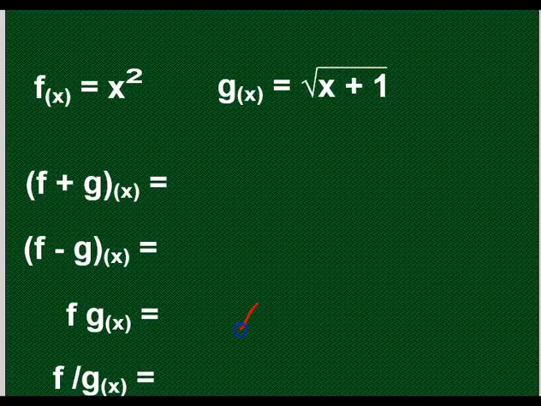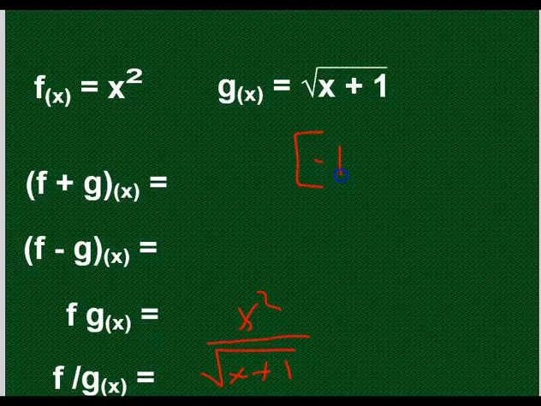And then how about f divided by g? That would be x squared divided by the square root of x plus 1. Now, what is the domain of this resulting function? Well, remember the domain for all of these others was negative 1 to positive infinity.